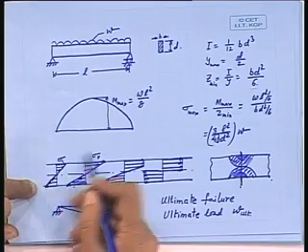Unlike in the elastic case, where the variation is triangular, the flanges take more force because they are away from the axis, and the flanges will be stressed more than the webs.